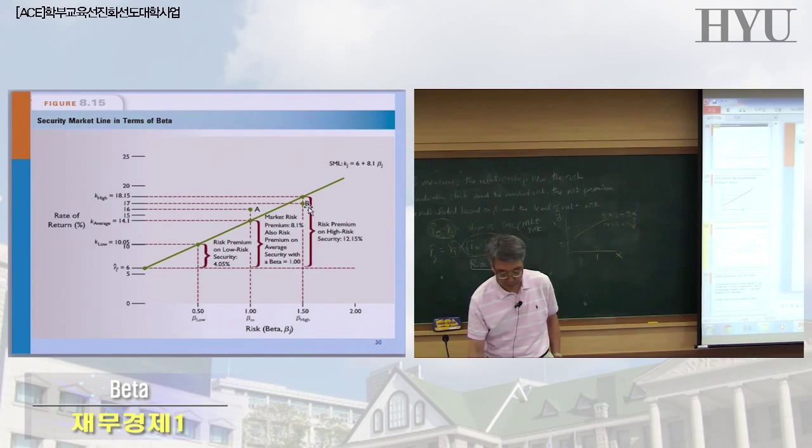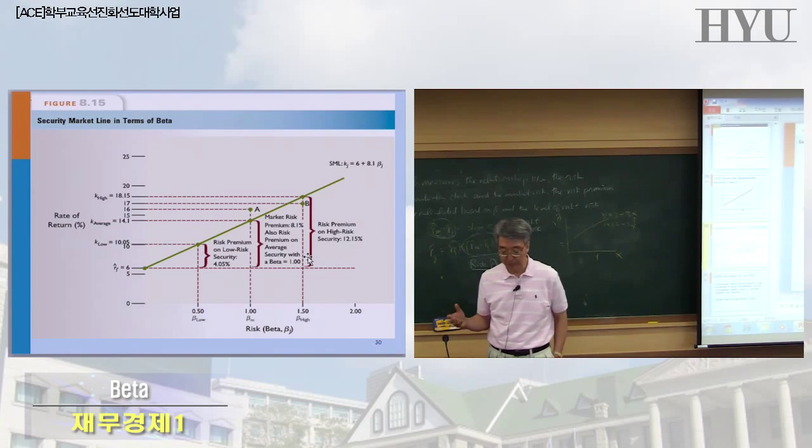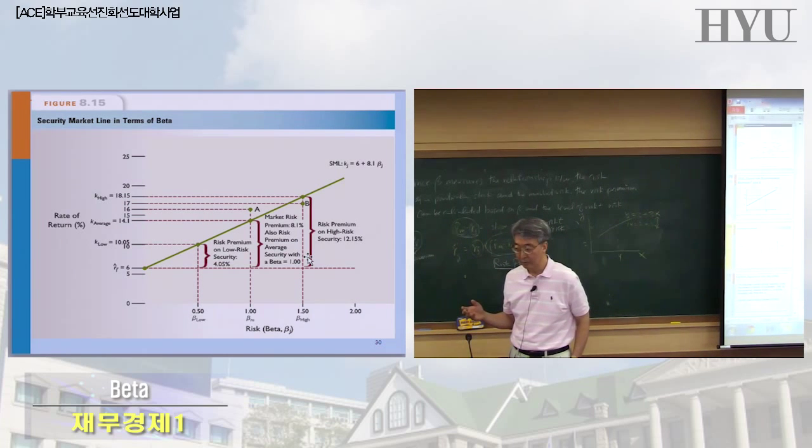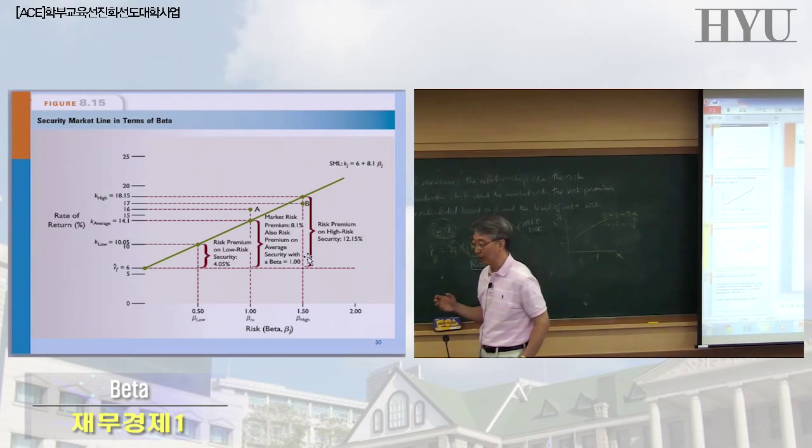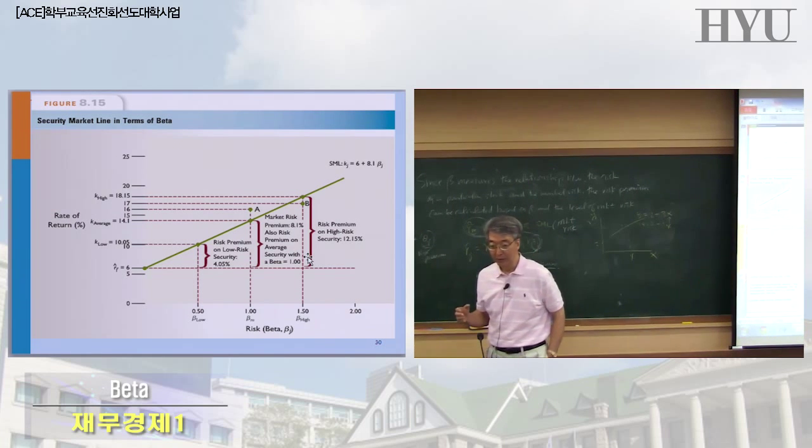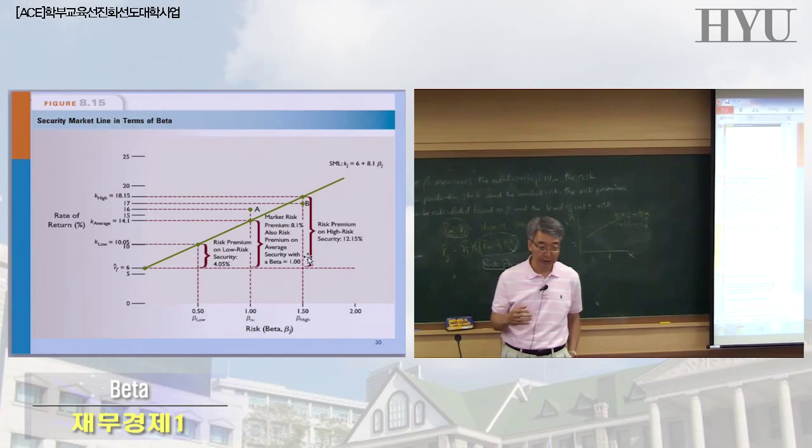What about investment B? That's a different story, because apparently this investment B has 1.5 beta. Which means whenever the market goes up by 1%, it goes up by 1.5%. But the other side is whenever the market goes down by 1%, then this investment goes down by 1.5%.